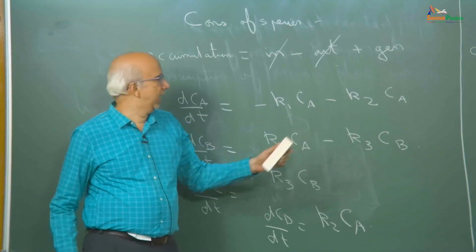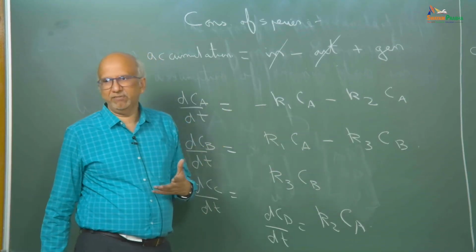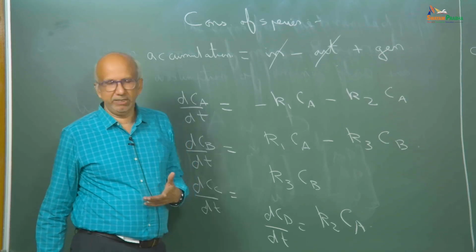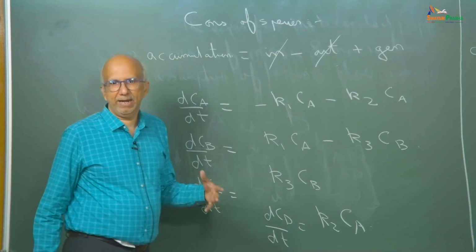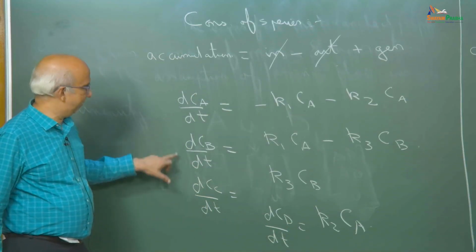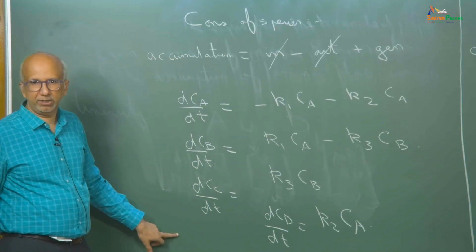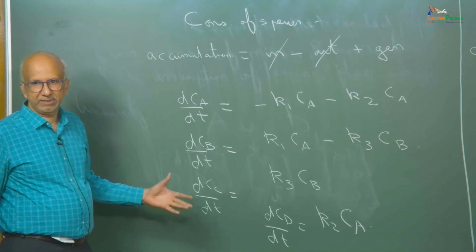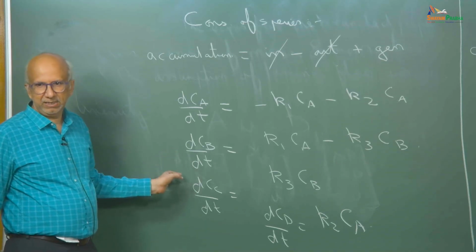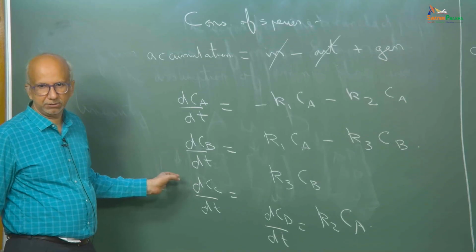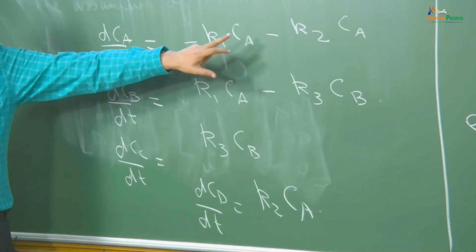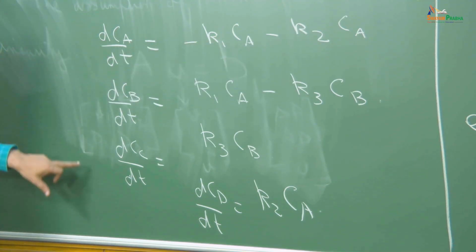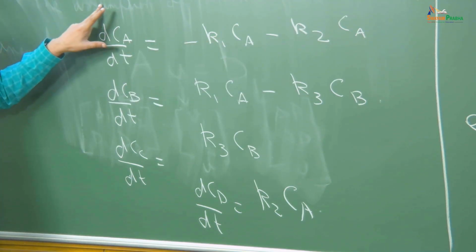The dependent variables here are the concentrations A, B, C, D, and I also have time derivatives, first order in time. So basically I say that this is a linear system because the power for all this is 1 and the derivatives are also occurring to the power 1, okay.